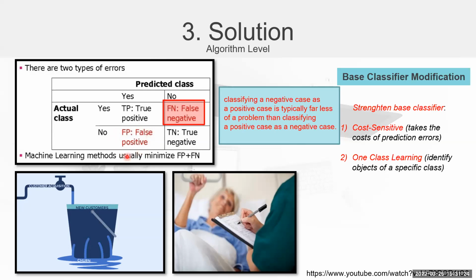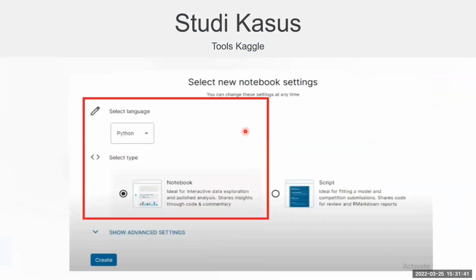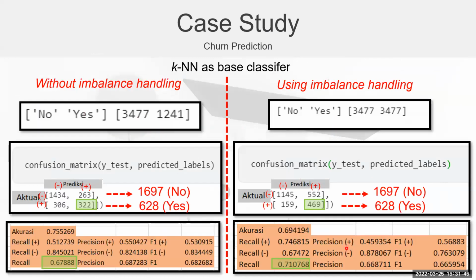Compared to if we predict the positive one to be negative, that is dangerous. So I think in this case, the increasing value of recall can be accepted.